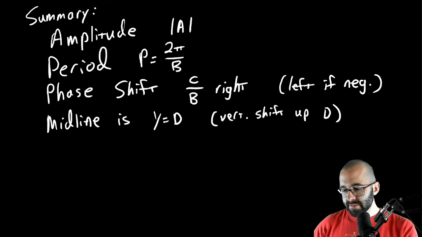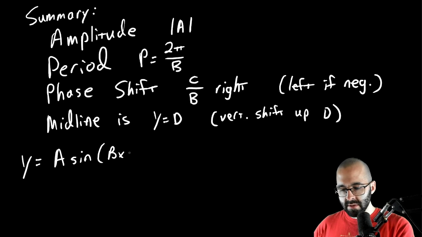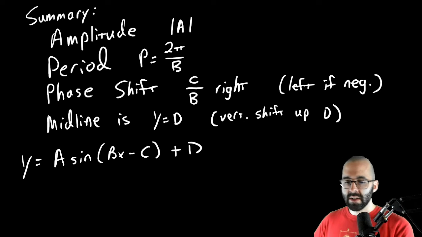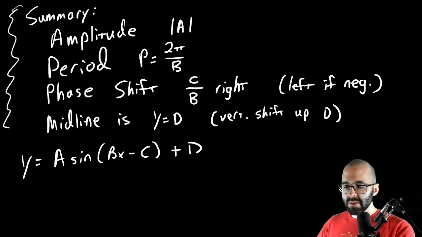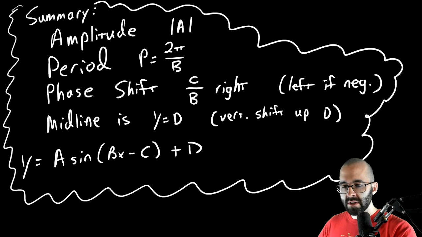All right, let's utilize all of these. And again, this is for equations of this form, a sine of bx plus c, or bx minus c, plus d. So this is maybe one of the most important things for this whole section.